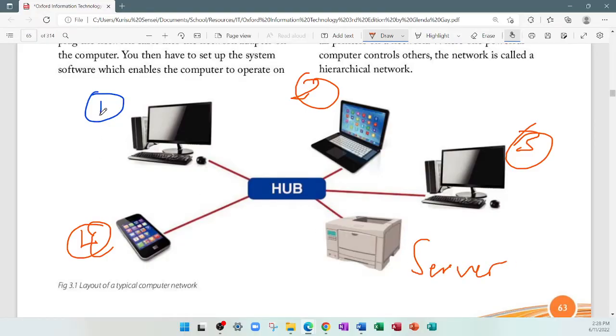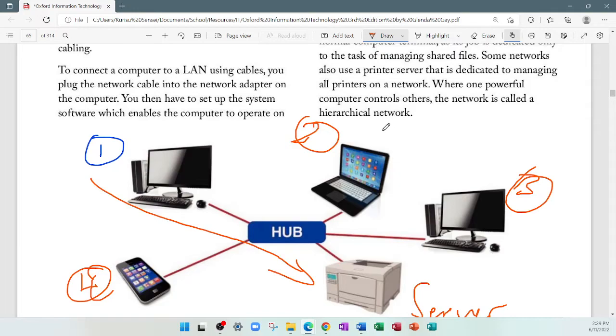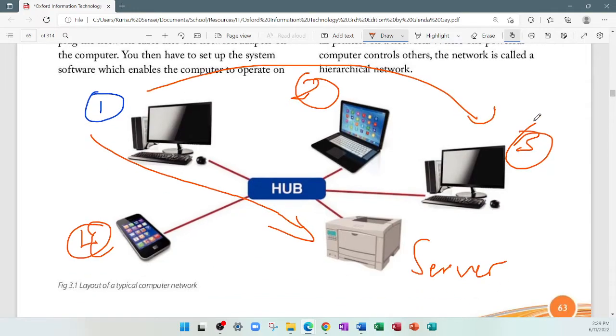Say for instance you're in room 1, you can access the server. But what if you leave room 1 and go to room 3 because you're spending time with your friend? Your boss calls and tells you he needs a file. You know the file is on the server, but he wants you to send it to him.